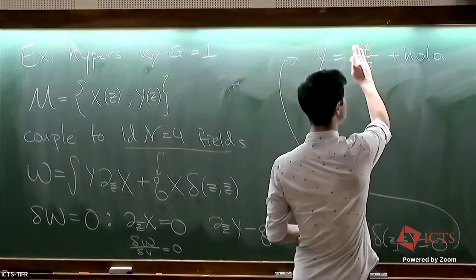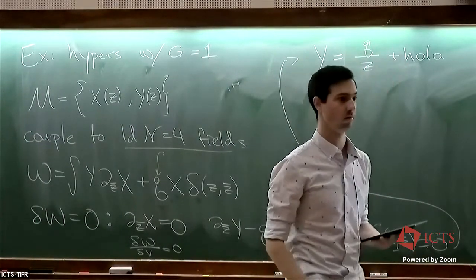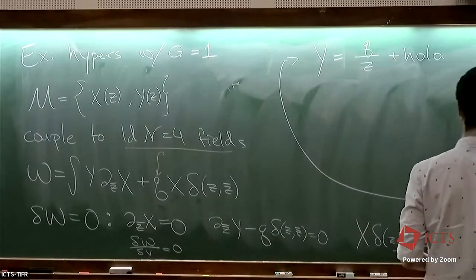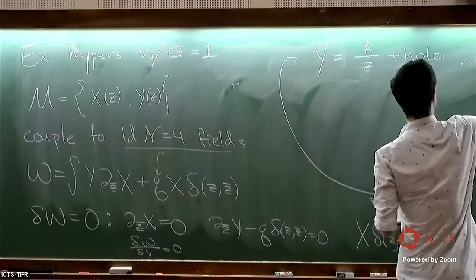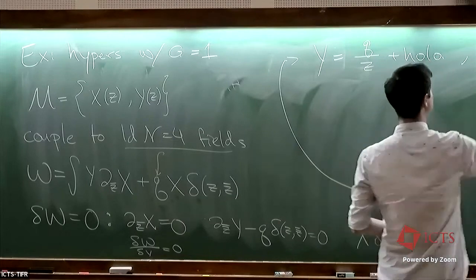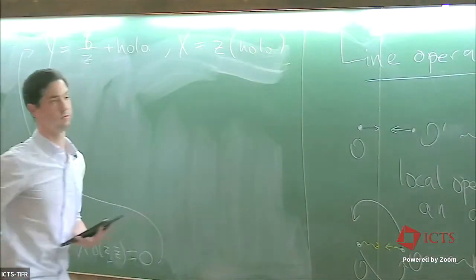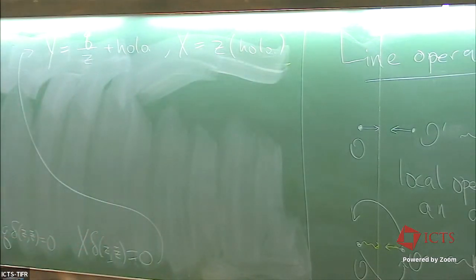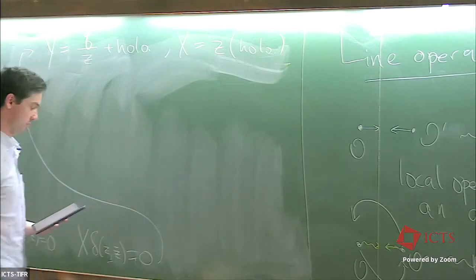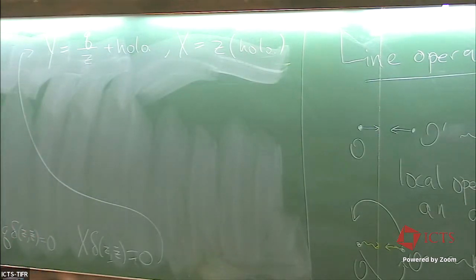This is not fixed. Q is just some arbitrary parameter. And x is z times something that's holomorphic. So y has a simple pole and x has a simple 0 at the location of the line operator.